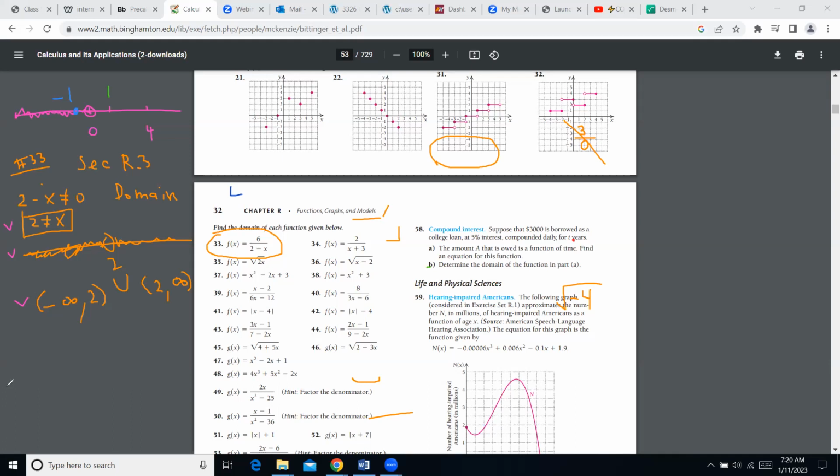Exercise number 35. In exercise number 35, we have another case. We have a square root of 2x. So if we have a function f of x, which is a square root, I want to make sure that the radicand is not negative. In other words, to find your domain right away, you put the inequality. You say that 2x, that's what we take the square root of, is not less than 0.